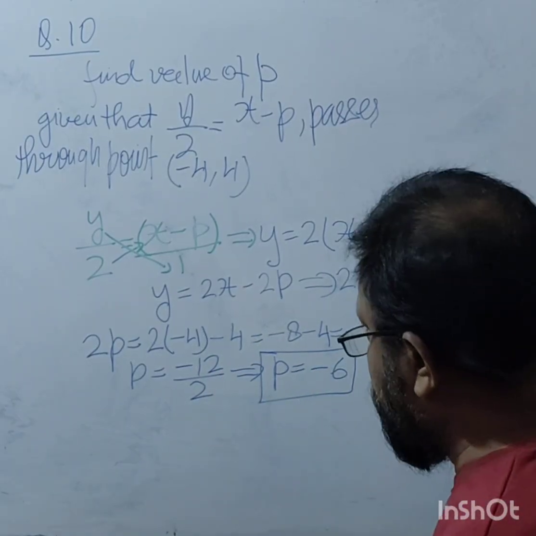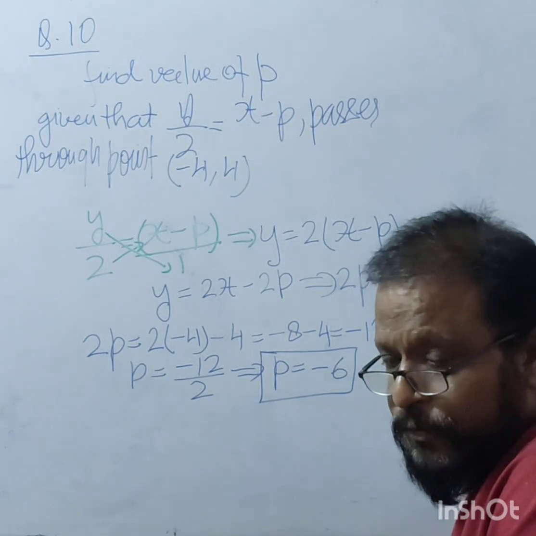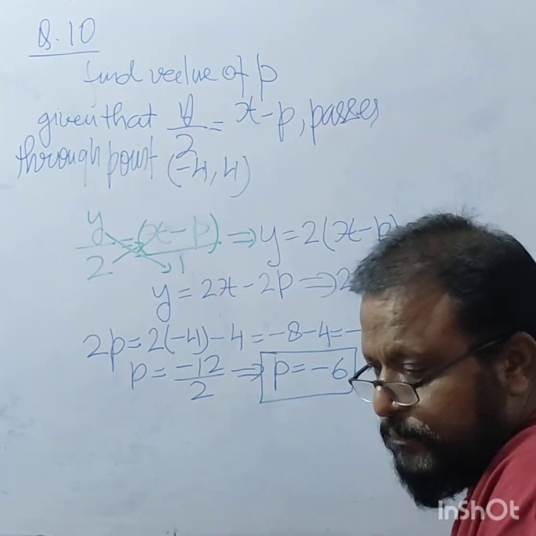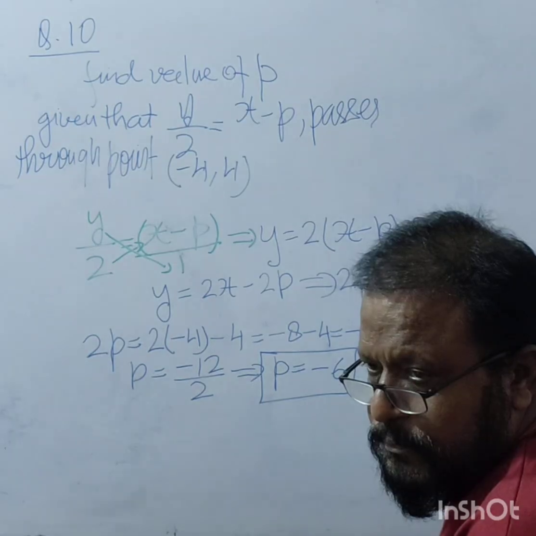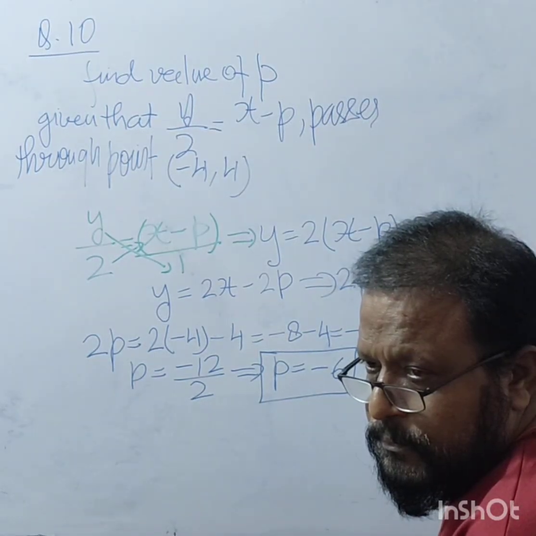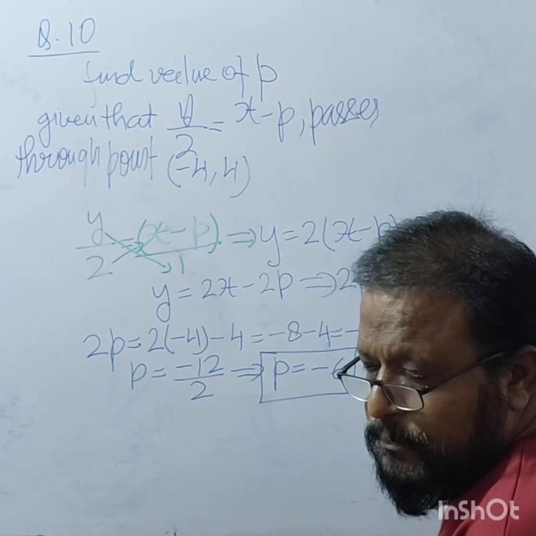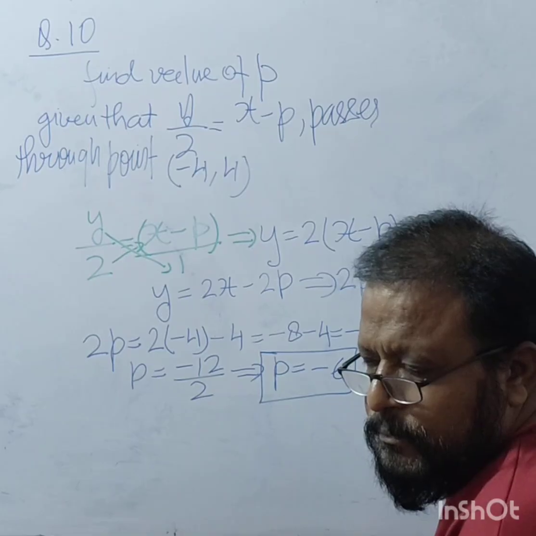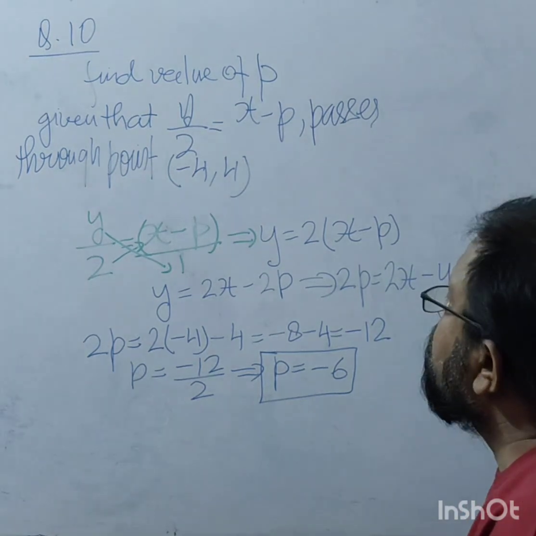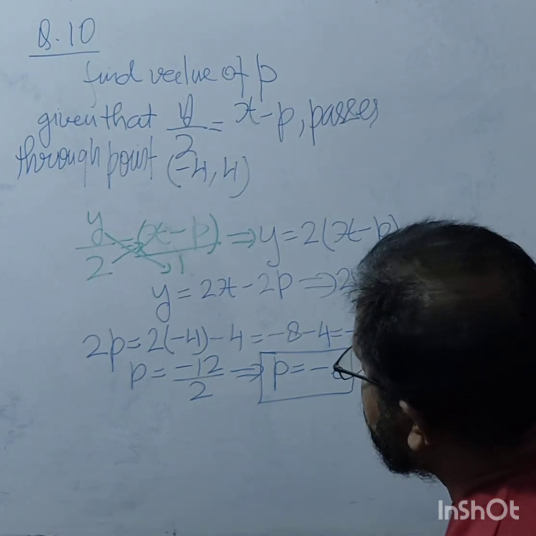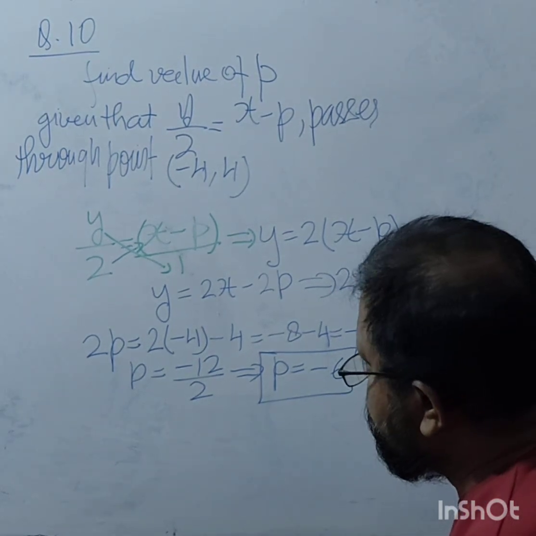This is how we can solve this equation. What is your answer? Minus 6. So you will get it like this.